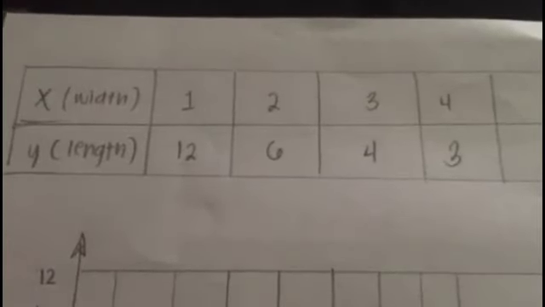So as said earlier, we got to create the garden with 1 row and 12 units. So for the second one, X, which is width, is 2, and Y, which is length, we have 6. For the next one, we have 3 and 4, and for the other one, we have 4 and 3.